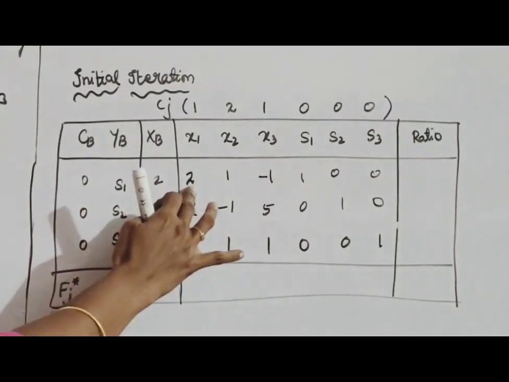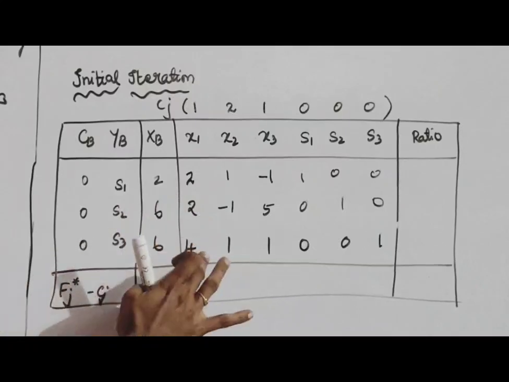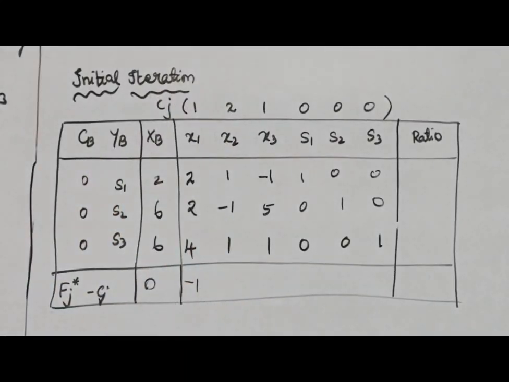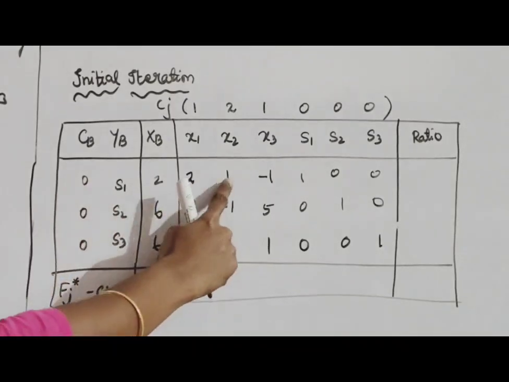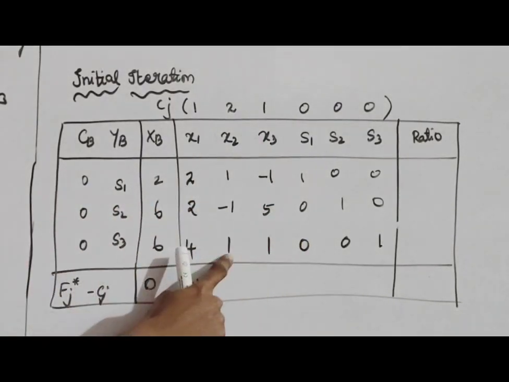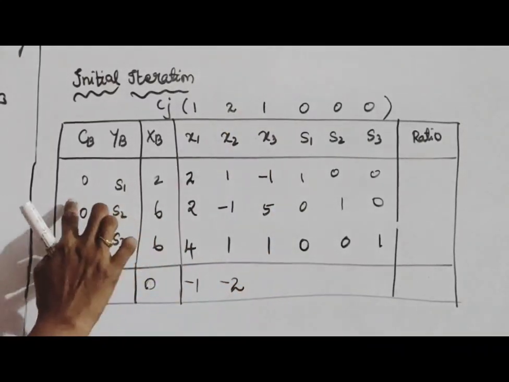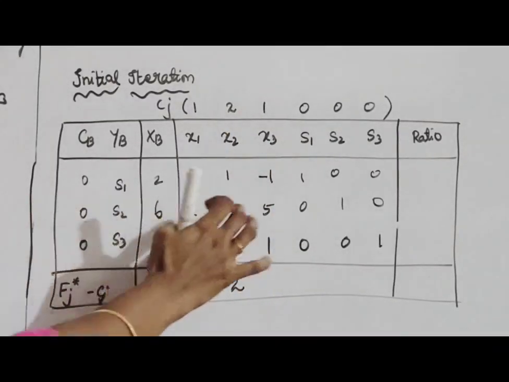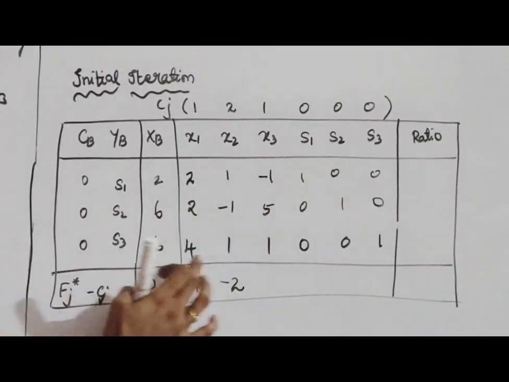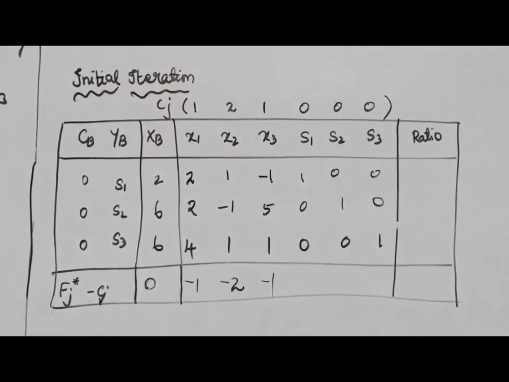0 into 2, 0, plus 0 into 2, 0, plus 0 into 4, 0, minus 1, that is minus 1. Again 0 into 1, 0, plus 0 into minus 1, 0, plus 0 into 1, 0, minus 2, that is minus 2. For the third variable, 0 into minus 1, 0, 0 into 5, 0, plus 0 into 1, 0, minus 1, that is minus 1.